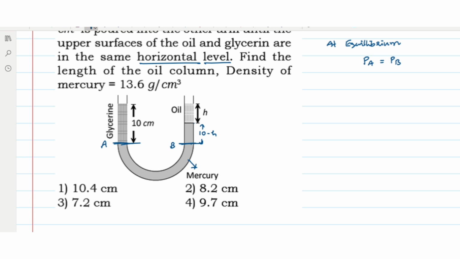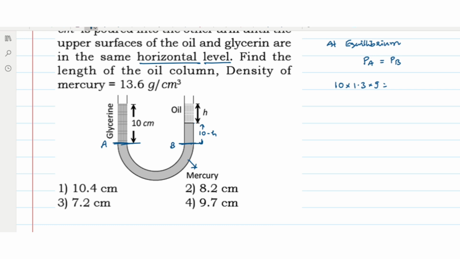Pressure at point A is P equal to h rho g, that is, 10 centimeter into density of the glycerin, 1.3, into g, which will be equal to the pressure at point B. At point B you will have two liquids, one is the mercury and the second one is oil.